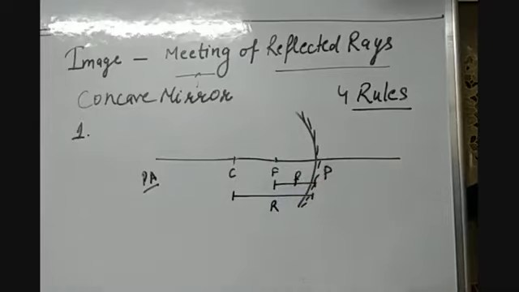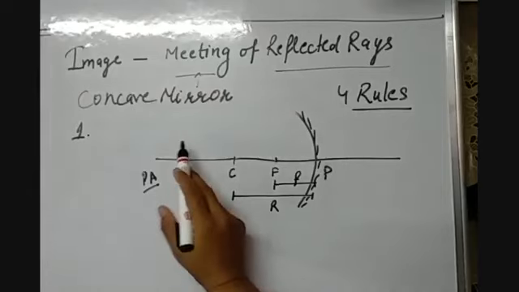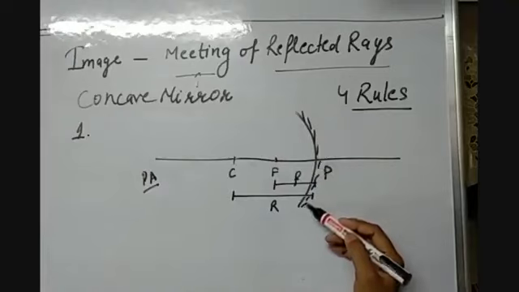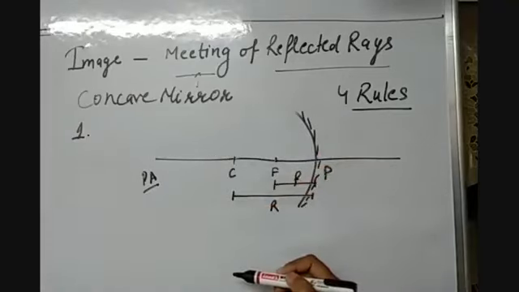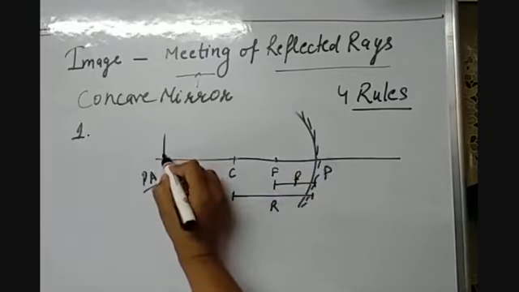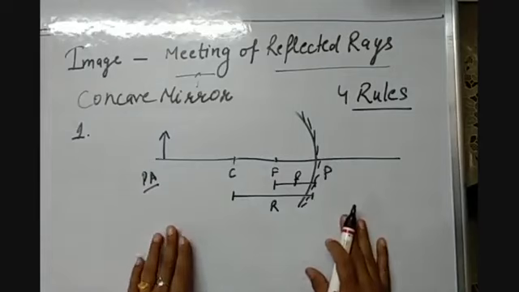So here the first rule is that when light rays coming parallel to the principal axis are incident on the spherical concave mirror, after reflection they pass through the focus of the spherical mirror. So let's say we have an object. I have told you how to make an object in case of making a ray diagram.